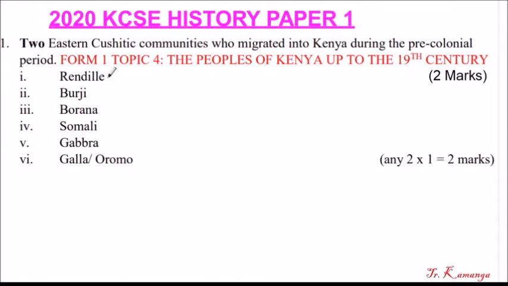So if you pick, for example, Rendille and Burji, you get 2 points. If you pick Somali and Borana, you still get full marks. So the total is 2 marks if you mention any of these 2. So those are the answers for this question.